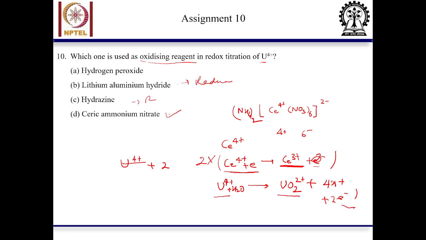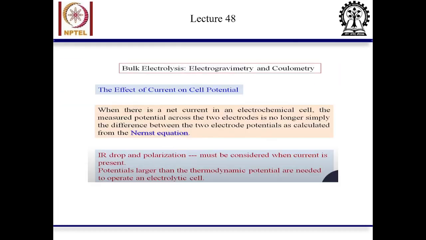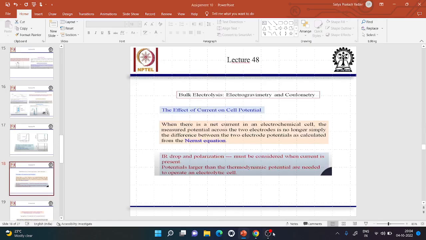So this is the correct answer, not hydrogen peroxide, lithium aluminum hydride, or hydrogen. Got it? Cerium 4 plus is the oxidizing agent, so it will oxidize this uranium 4 plus. The other material I will upload to Google Drive.